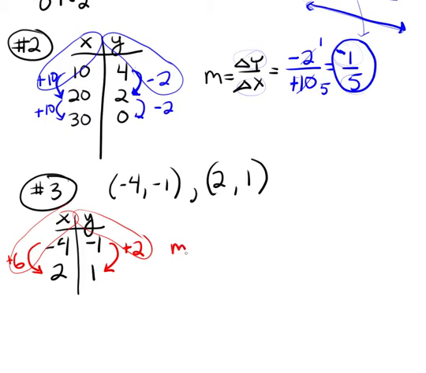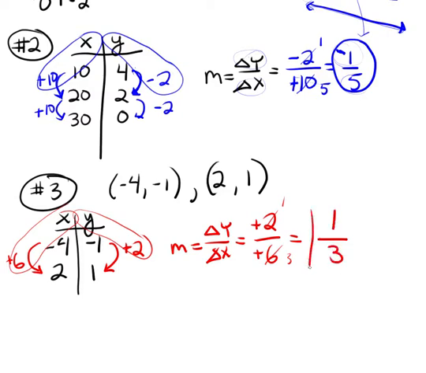So I'm going to write down my slope, which is the change in y over the change in x, which equals my y then is here with a change of +2, and my x is a +6, so that means my answer is going to be a positive slope, so that means it's going to be going up, and 2 goes into 2 once, 2 goes into 6 3 times, so my slope is 1/3, and it's a positive 1/3 slope.